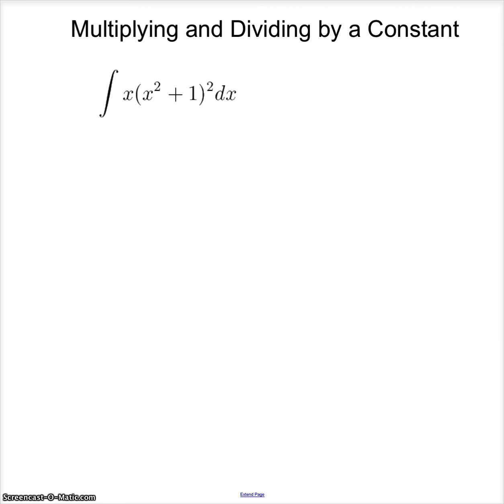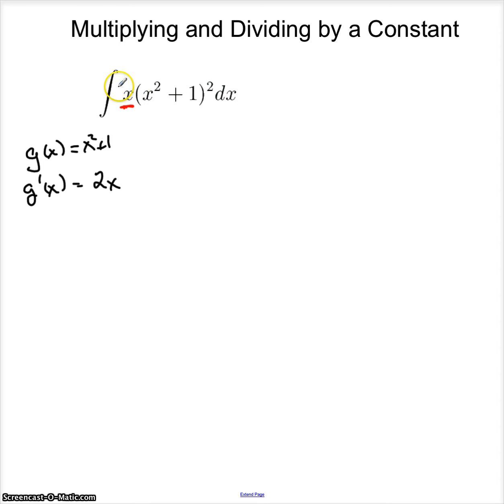All right. Now, sometimes we're not so nice to you. We don't give you the derivative inside clearly. Sometimes you're going to have to multiply or divide by some sort of constant. Let's let g equal, let's do this inside, x squared plus 1. And then g prime of x is 2x. Now you see, I've got the x, but I don't have that 2.